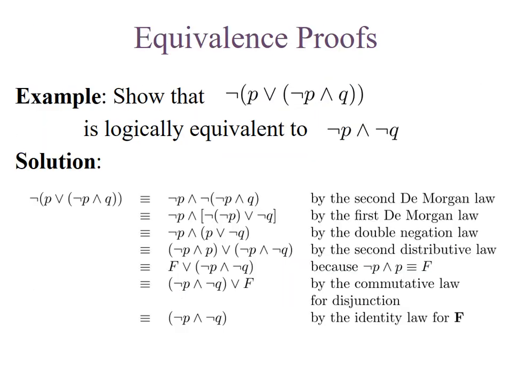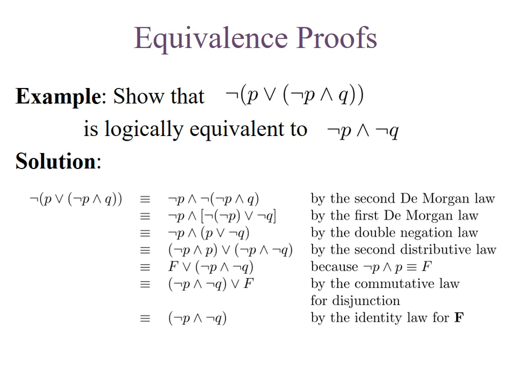Alright, the example asks to show that not (P or Q), for instance not (P and Q), is equivalent to not P and not Q. Okay, so let's see the process. The first one is very simple because we have seen the parentheses, we have seen not. This tells us we need to apply De Morgan's law.